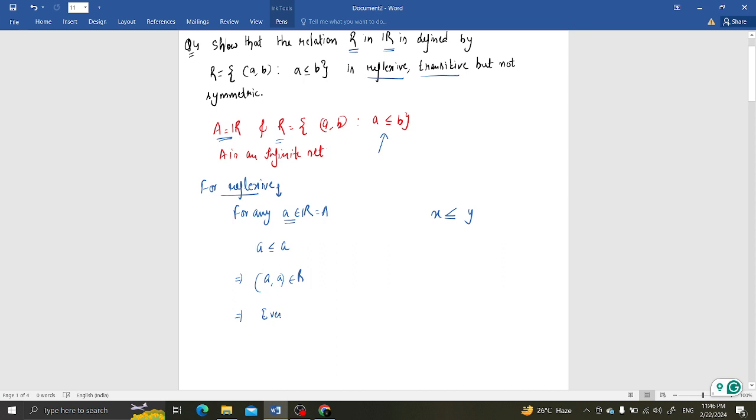We can write here every element of A equal to R is related to itself. So this implies R is reflexive on A.